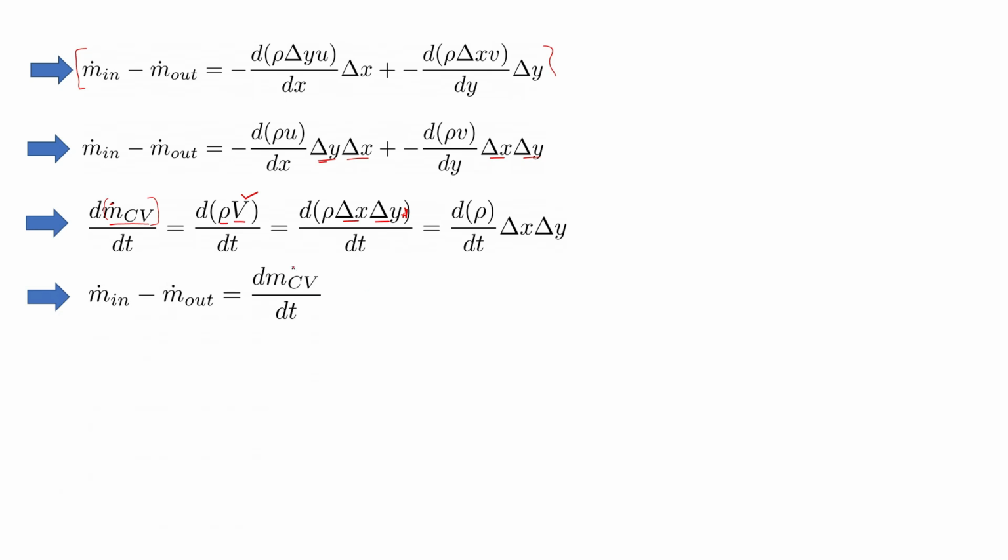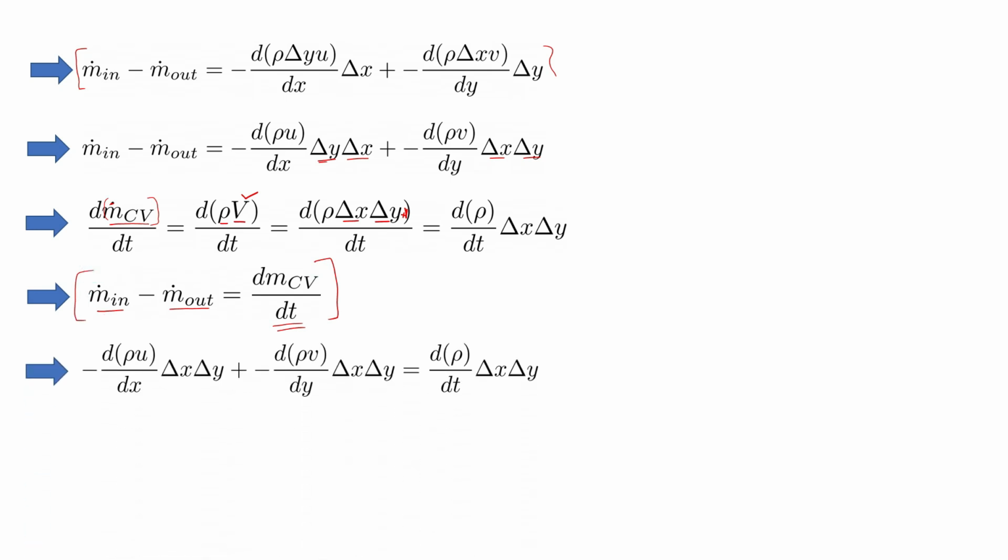So you will get m dot in minus m dot out is equal to dmcv by dt. That is the law of conservation of mass. So if we substitute from the earlier equations, minus d rho u by dx delta x delta y, that is m dot in we have derived earlier, and m dot out is equal to minus d rho v by dy into delta x into delta y.